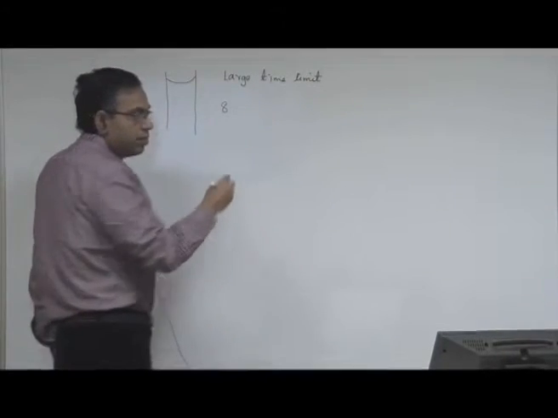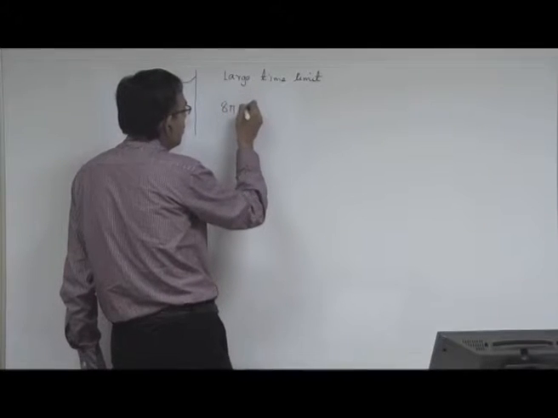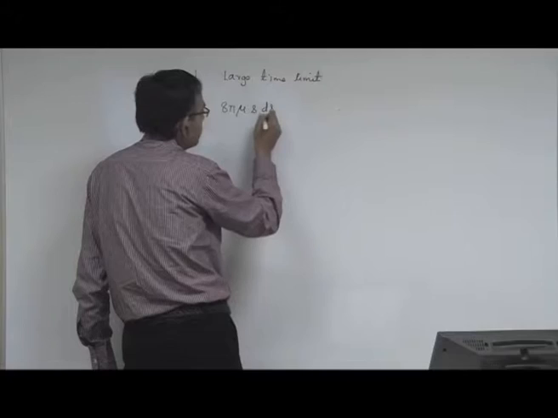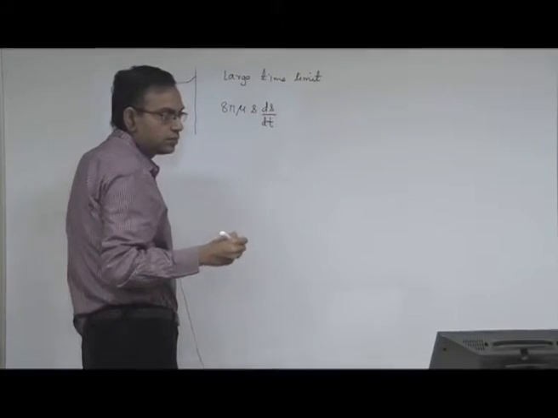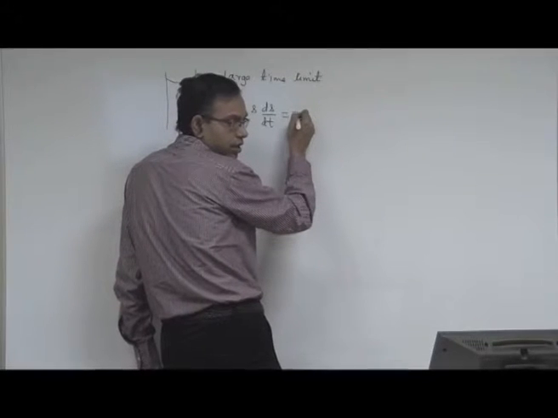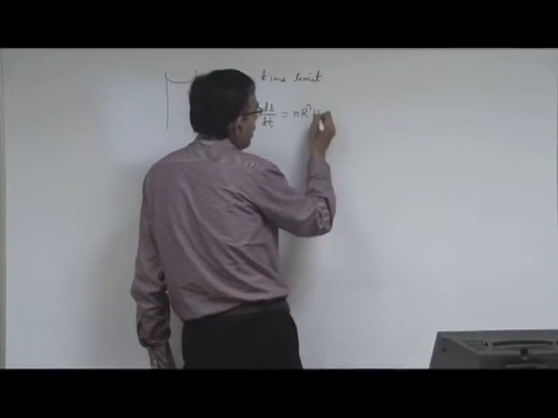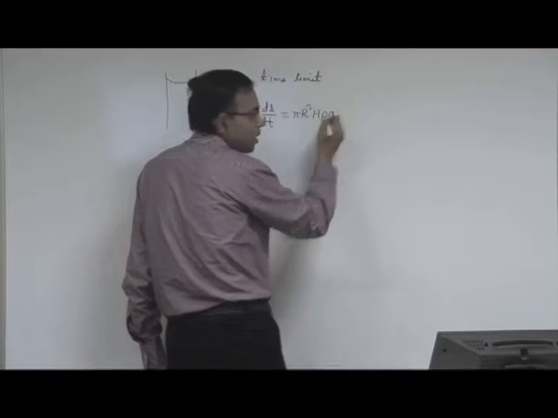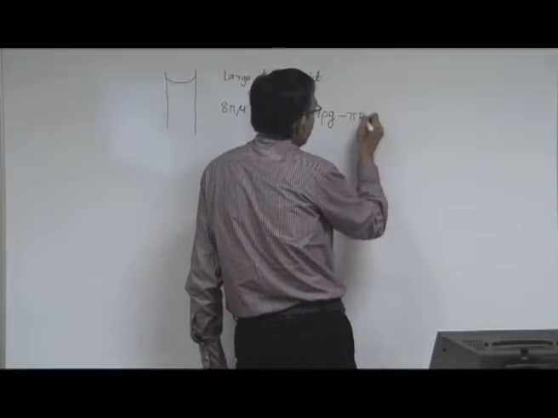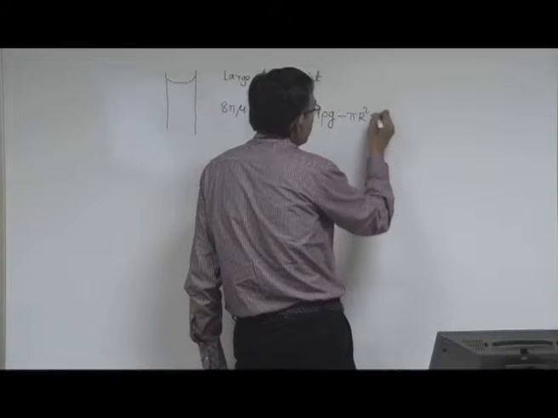So 8 pi mu S dS/dt is equal to pi r square H rho g minus pi r square S rho g.